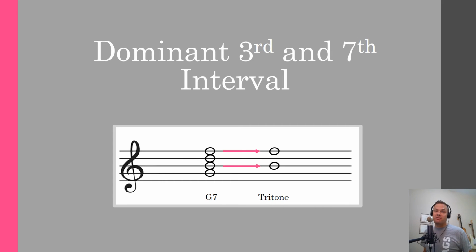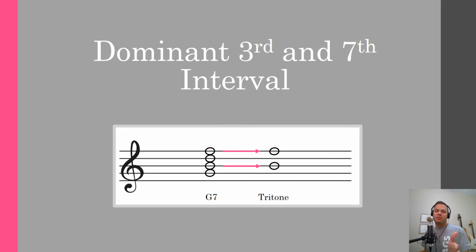We look at the interval between the third and the seventh on the G dominant 7 chord. So between B and F, that's an interval of a tritone. It's a pretty crunchy interval that wants to resolve.